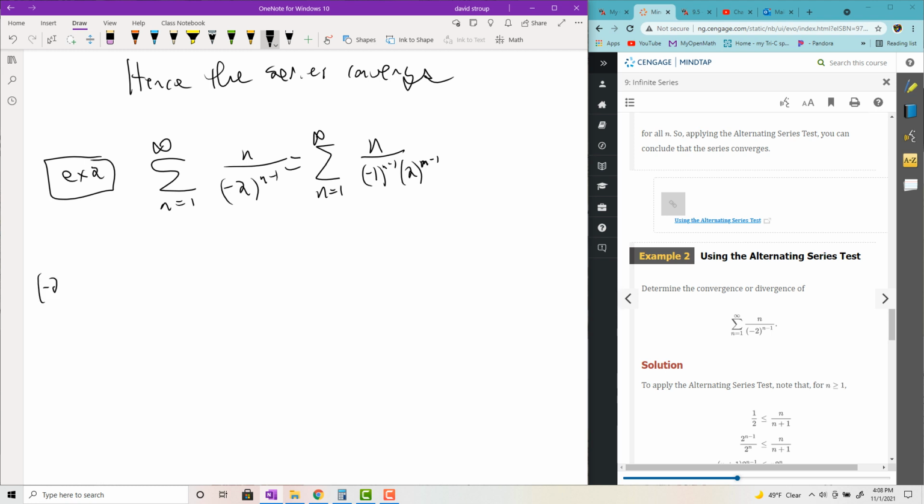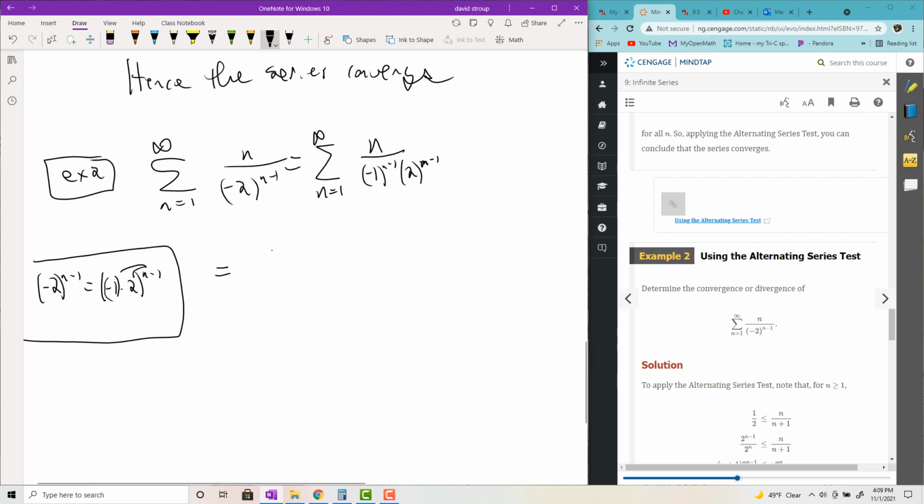If you have negative 2 to the n minus 1, that's the same as negative 1 times 2, to the n minus 1. Then you distribute the n minus 1 exponent to the two portions, and you get what I have in the denominator in the second step.